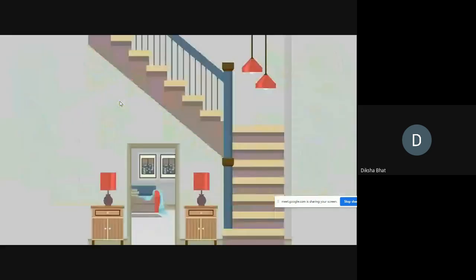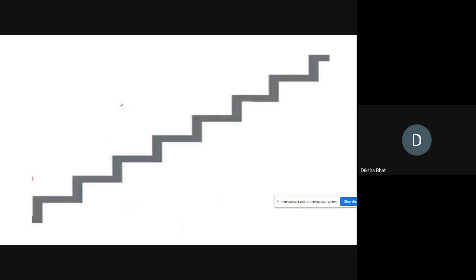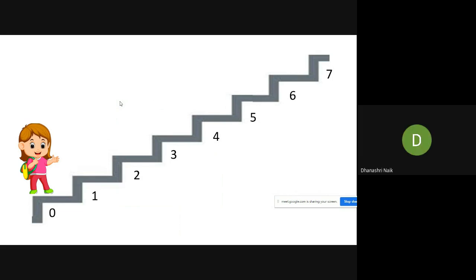This is Gita's house. There you can see many steps. Let's play a maths game on these steps. Here I have numbered these steps. On which step is Gita standing? 0. Yes, correct. If she takes 2 steps, where will she reach? 2. Let's check.